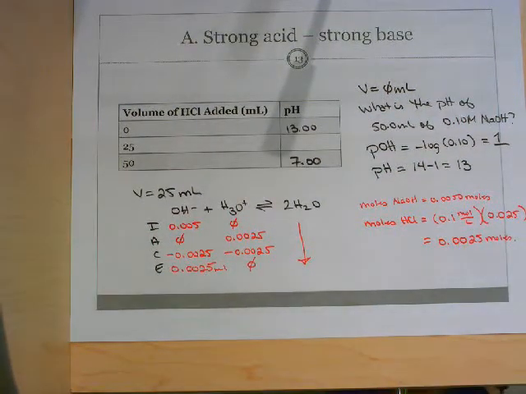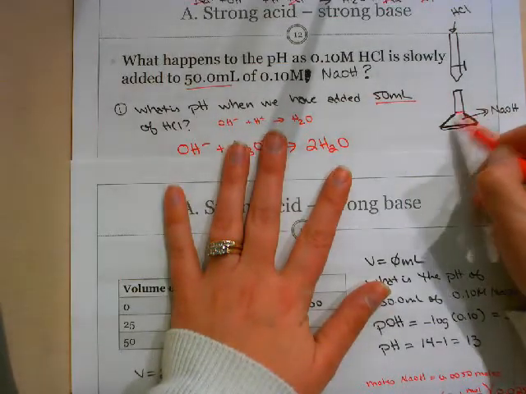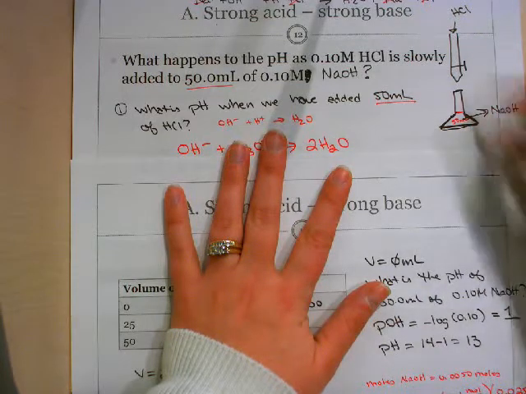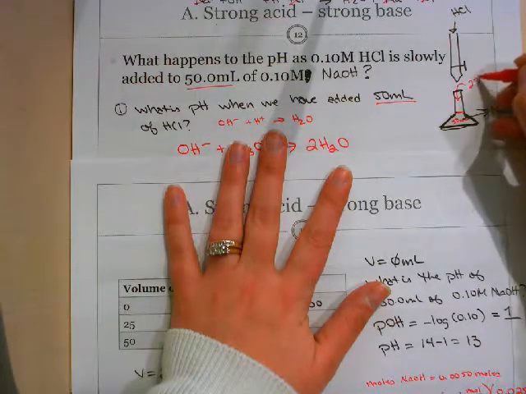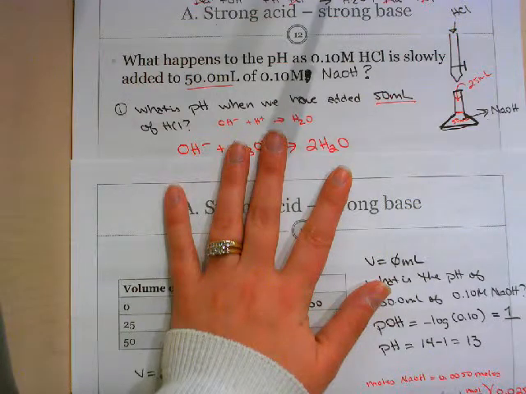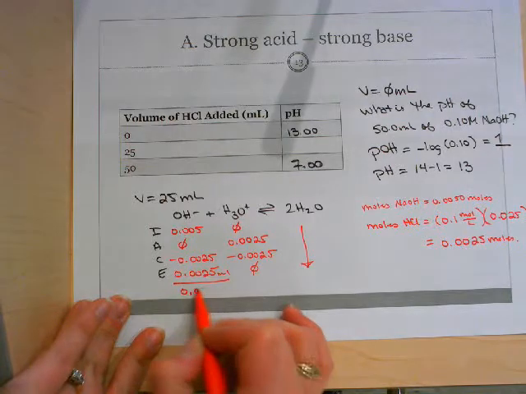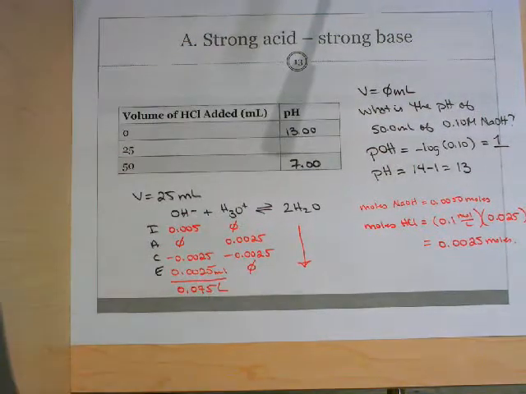So you have to stop and think and say, okay, in my original flask I had 50 milliliters. I've now added 25 milliliters. What is my new volume? 75. So this many hydroxides are now floating around in 0.075 liters.